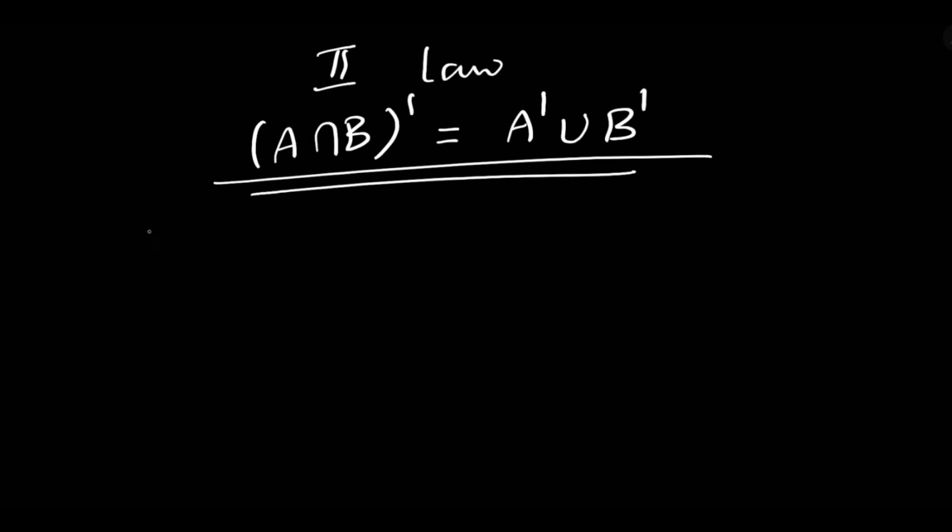For this, you need to first find out A intersection B. What is A intersection B? In this case, you know what is A. A intersection B is 20 and 40.